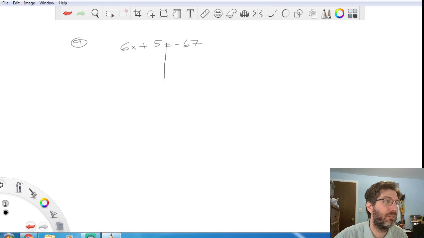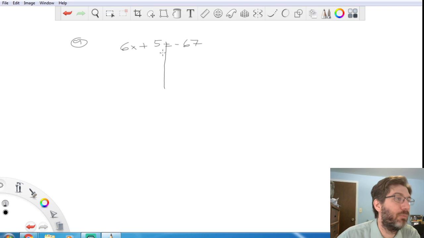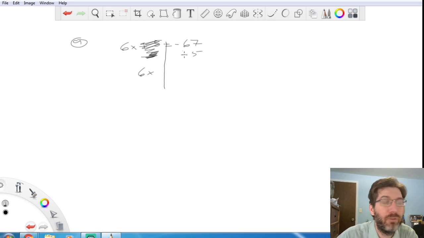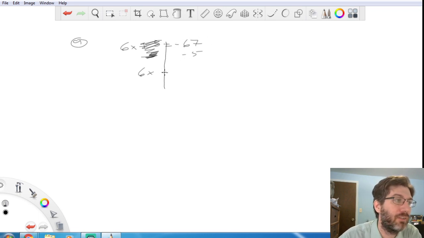So use your flowchart I gave you. Remember those rules. Here, we want to get x by itself. You're adding a 5 here, so let's subtract the 5 from both sides. This gives you 6x. A plus 5 and minus 5 cancel. Here, both sides are negative, so you're actually going to add your numbers and get a negative answer. So it's going to be a negative, and then 67 plus 5 gives you an 82. So that's a negative 82.